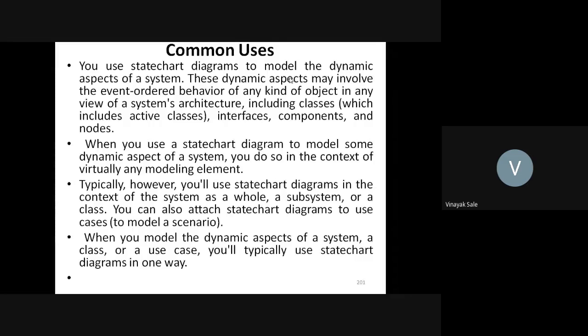When you use a state chart diagram to model some dynamic aspect of a system, you do so in the context of virtually any modeling element. Typically, however, you will use state chart diagrams in the context of the system as a whole, a subsystem, or a class.